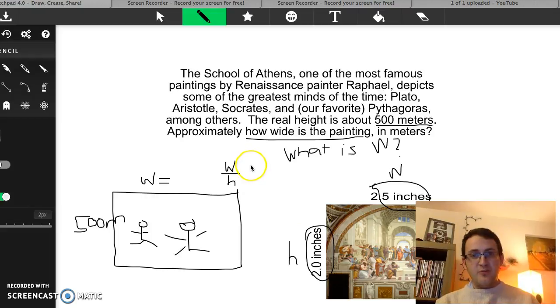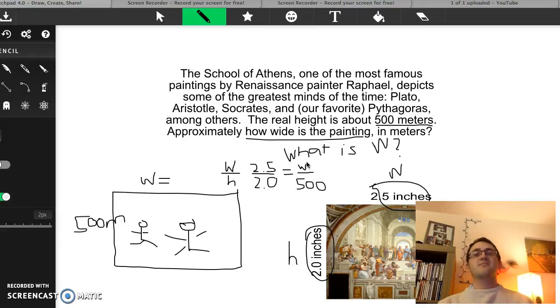So I'm going to put 2.5 on top, and I'm going to put 2.0 on the bottom. And then I'm going to set that equal to my real life scene, where the height is 500 meters. And I need to find what my width is. So I'm going to put W in there.